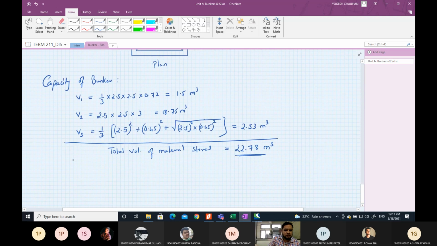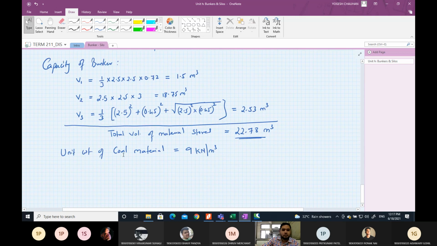If not, then you have to assume that unit weight of coal material is equal to 9 kilonewton per meter cube. So you can find the total weight of the material.